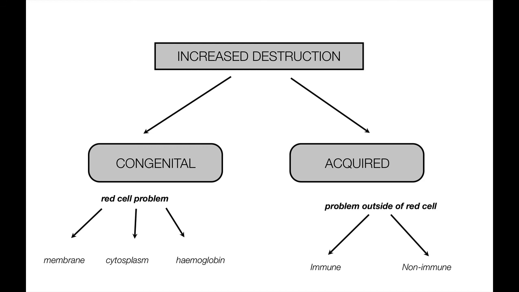And we've seen how the other group can be due to problems of the red cells themselves, either due to a problem with the membrane in spherocytosis and elliptocytosis, problems with the cytoplasm in G6PD, problems with the hemoglobin in the hemoglobinopathies of sickle cell disease and thalassaemia.